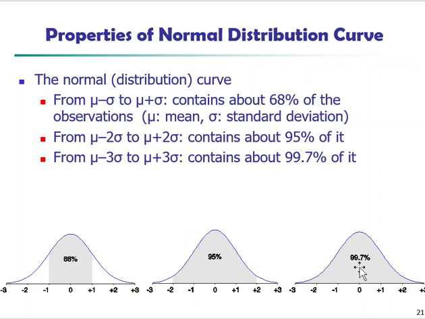And the 3 standard deviation range, from -3 to +3, covers about 99.7% of all your observations. So when you have a normal distribution, knowing this, you will be able to fairly easily find outliers. For example, anything that's 3 standard deviations away is most likely an outlier, right?